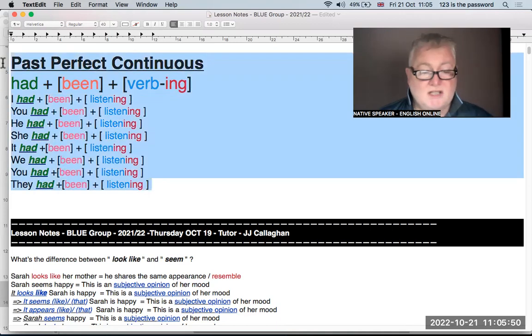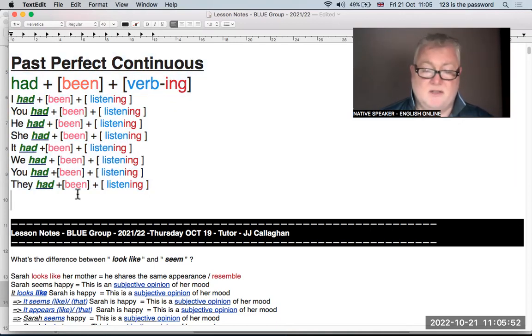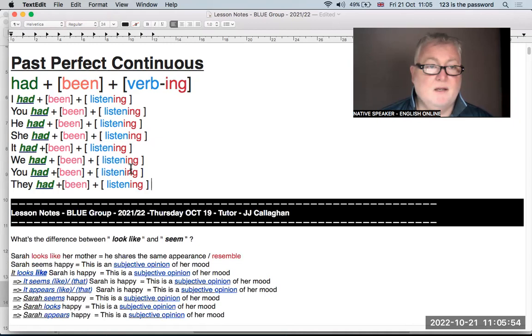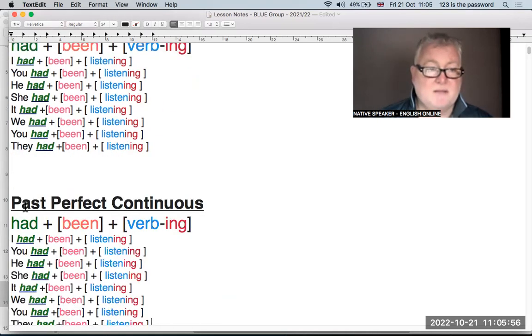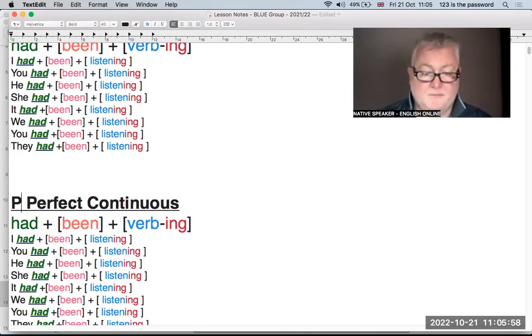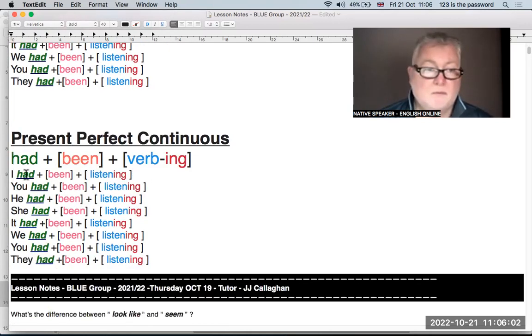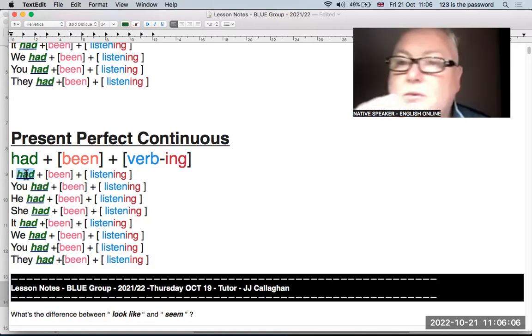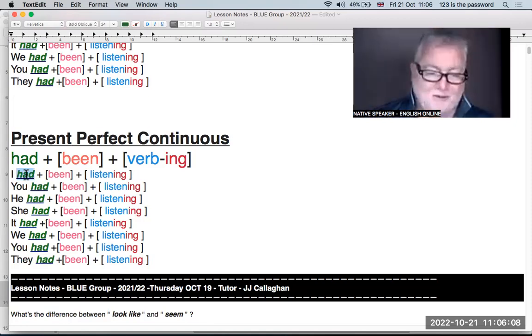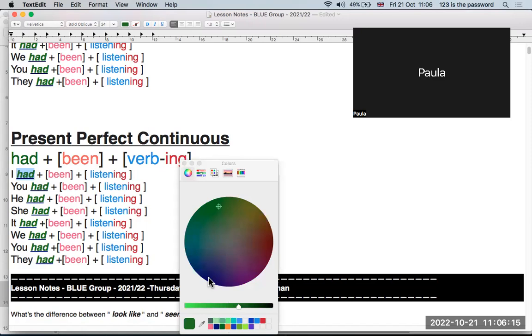Who can change this to the present perfect continuous form? Instead of had, you have to put have or has.